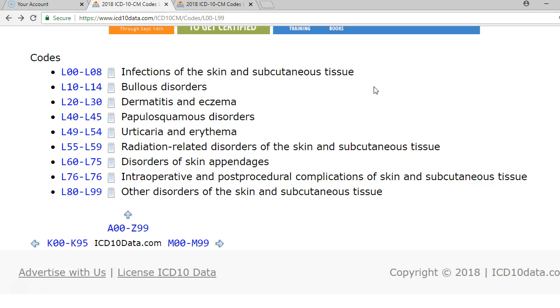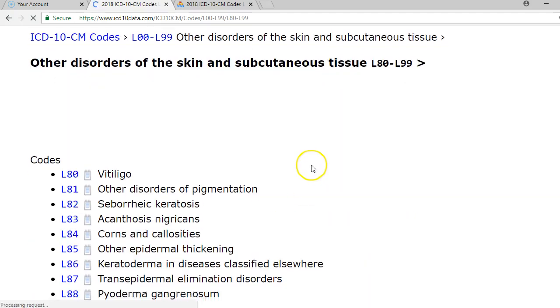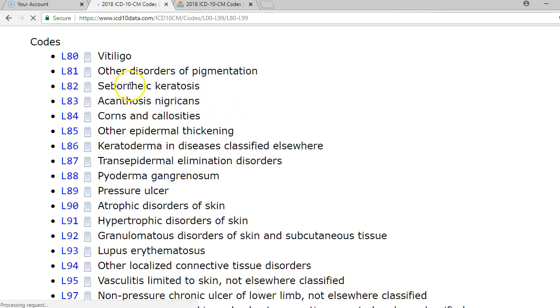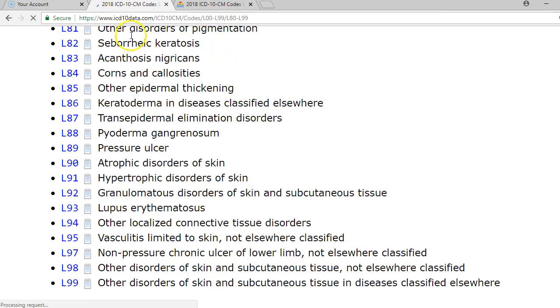And then the other disorders are going to include what we just looked at, pressure ulcer and non-pressure ulcer. It's also going to look like things like vitiligo, the loss of skin pigmentation, other types of skin pigmentation disorders, seborrheic keratoses, acanthosis nigricans. These are all different types of growths. Some of them are non-cancerous, some of them are precancerous.